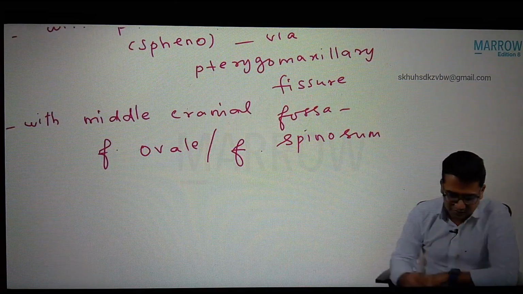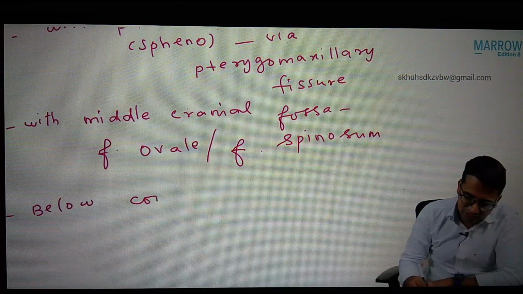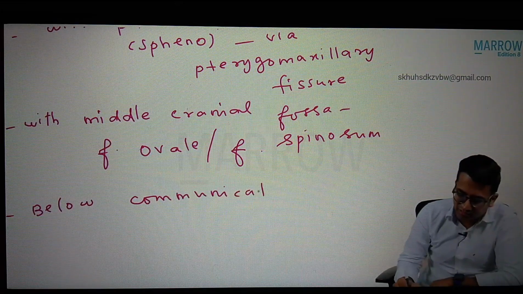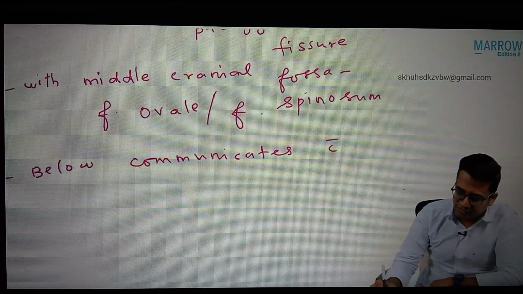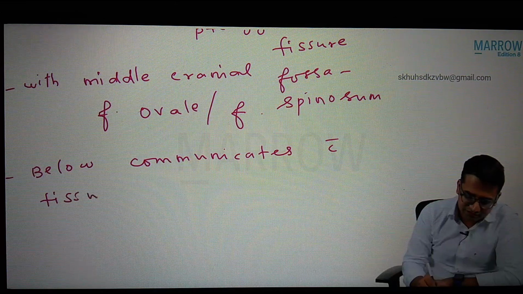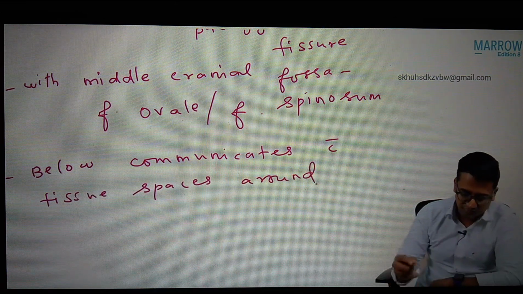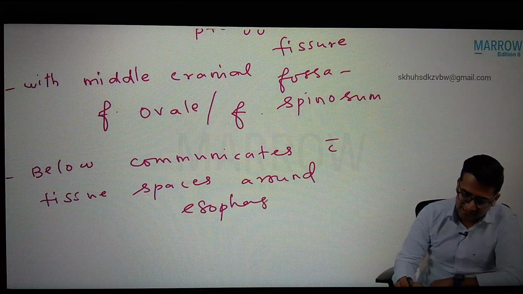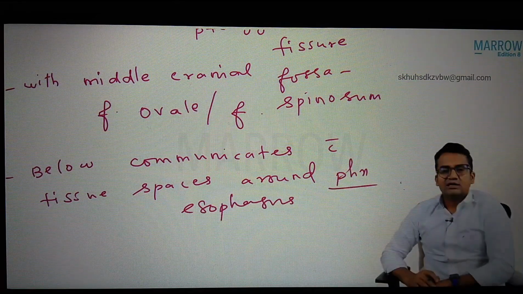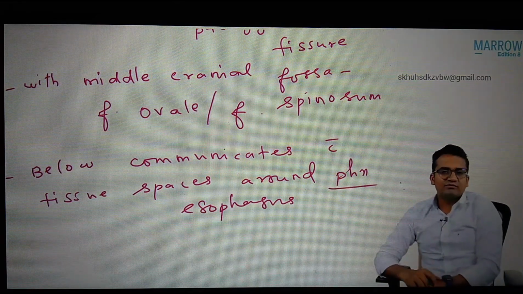Below, it communicates with the tissue spaces around the esophagus and pharynx. These are the communications of the infratemporal fossa.